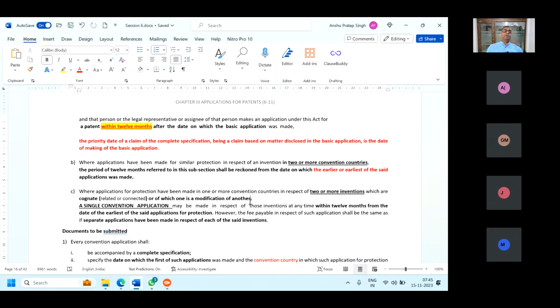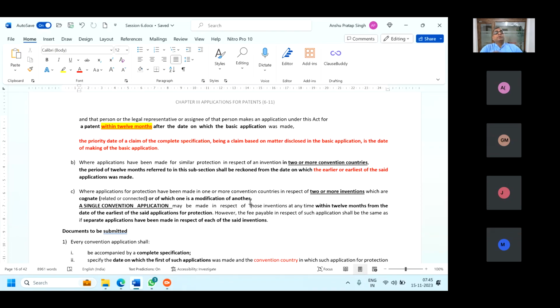Now the third part. If in the applications which you have filed there are two or more inventions which are cognate. Cognate means related or connected, or of which one is a modification of another.